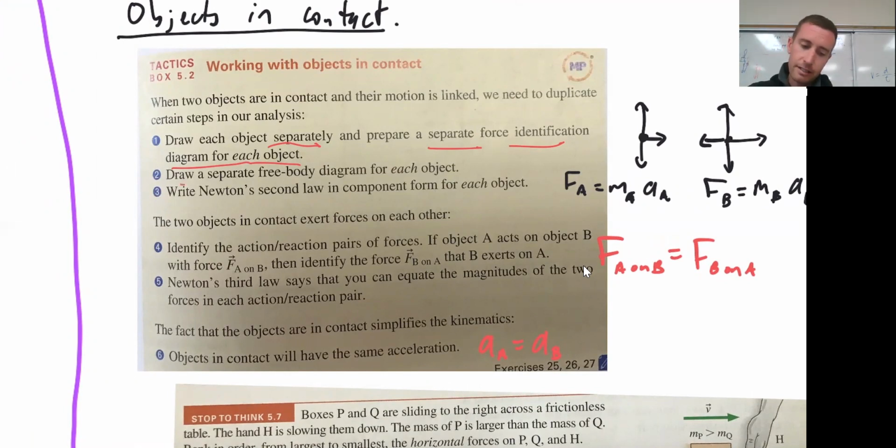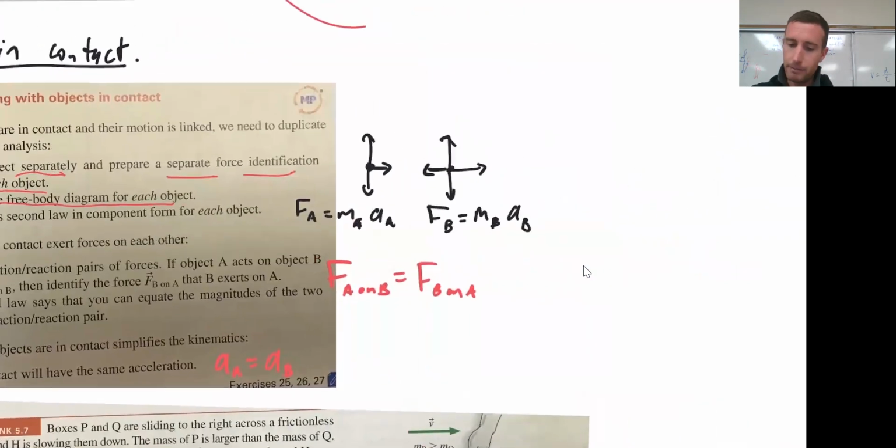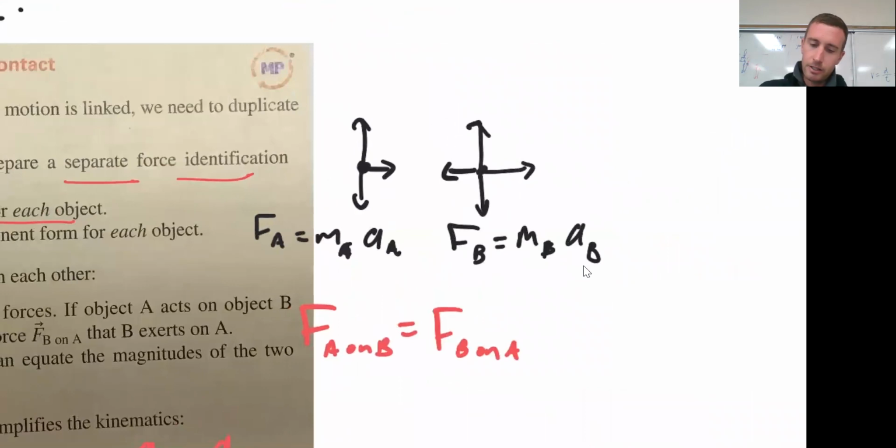Once you've done that, draw a separate free body diagram for each object. So a free body diagram would be like my little set of arrows. So let's say this is going to be object A, this is going to be object B. I've got weight of B, normal force of B, weight of A, normal force of A, sorry, that should be a lowercase n, normal force of A. Then I've got the force on each one.